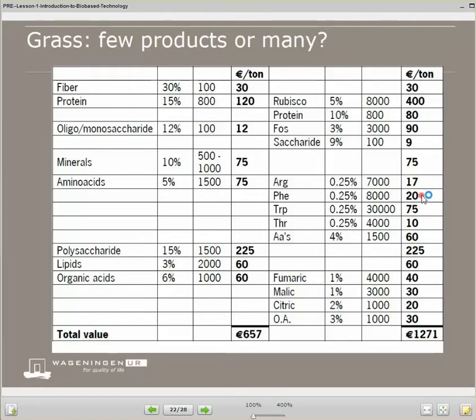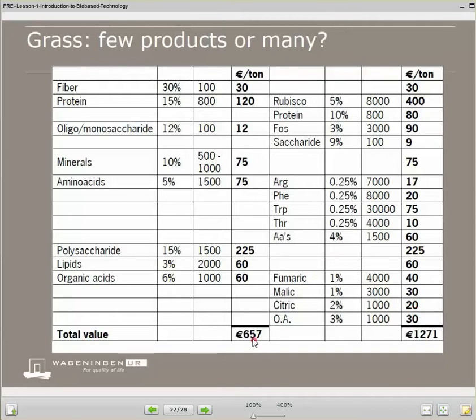That's about 200 euros just on these amino acids. Organic acids can also be divided between different types of organic acids. The general organic acids are only worth 60, but if you were able to separate them through a technology, they would be worth significantly more, 120 if I add that correctly in my head very quickly.